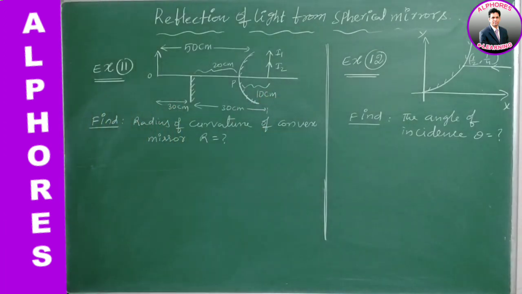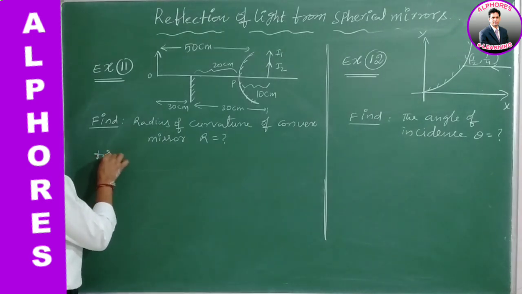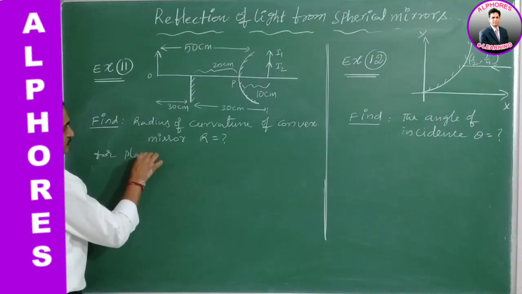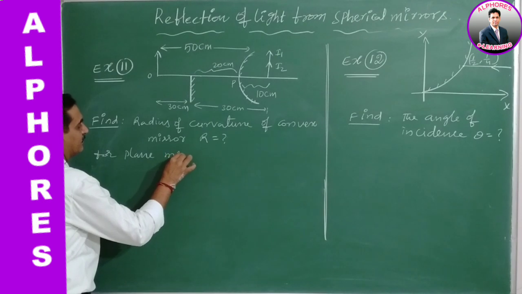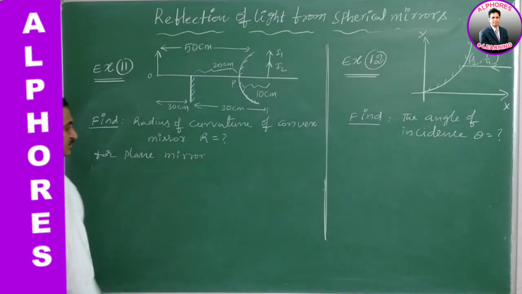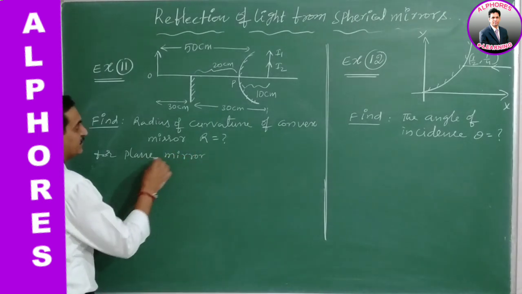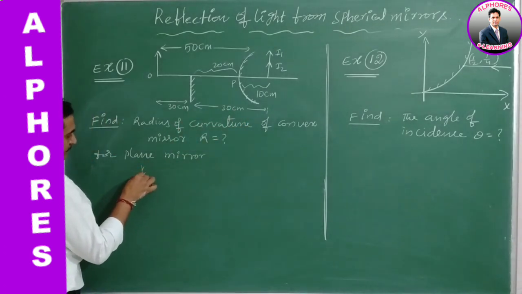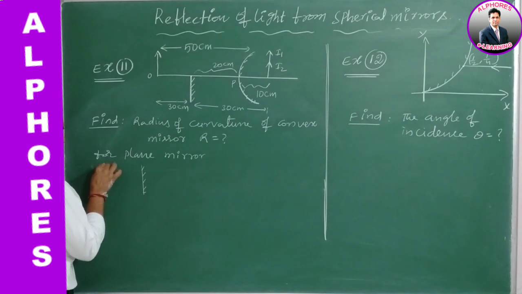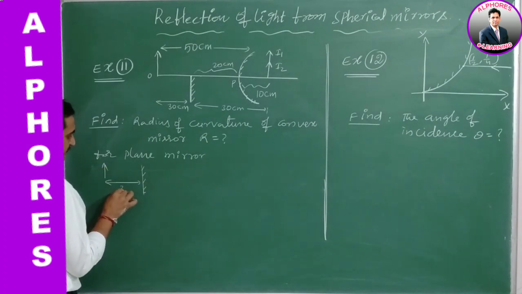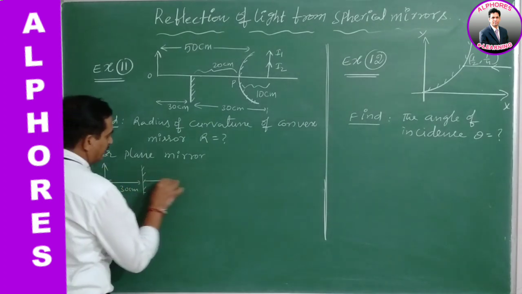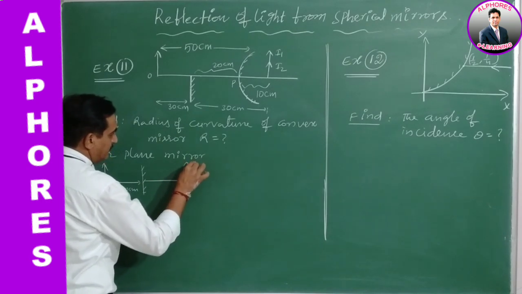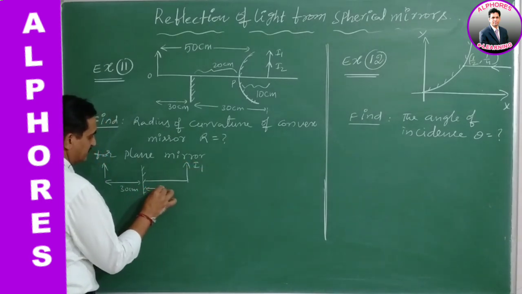Clear? Therefore, for the plane mirror, the distance of object equals the distance of image. This is the object which is at a distance of 30 centimeters, therefore the image is also formed at a 30 centimeter distance.